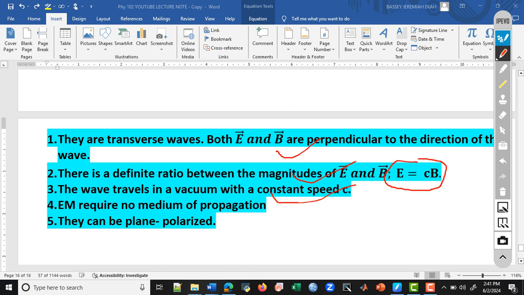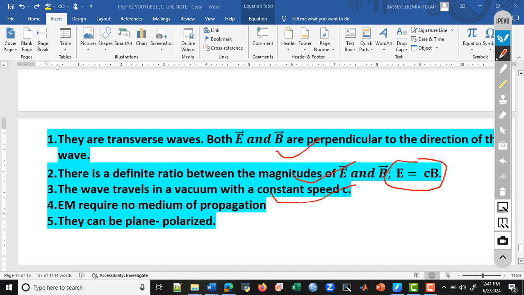It travels even through space because it is an electromagnetic wave, and electromagnetic waves do not require material medium for them to propagate. It doesn't need something to support its movement. It has the potential to travel even on its own.